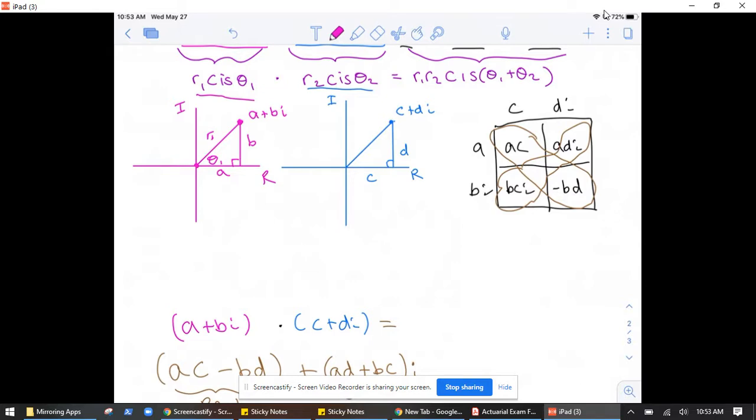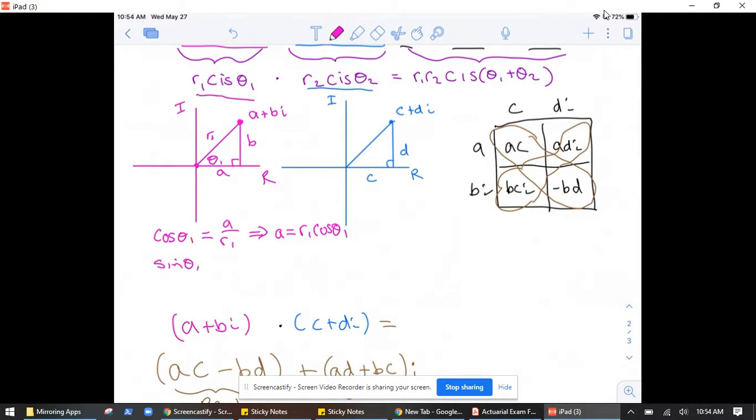Remember, A plus BI is the Cartesian form. If I want to write it in trig form, we need a relationship between A, B, theta, and R1. The trigonometric relationship is that the cosine of theta 1 is equal to A over R1. By multiplying through by R1, we see that A is equal to R1 cosine of theta 1.